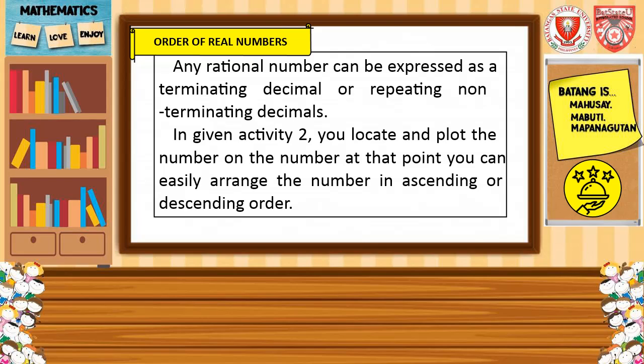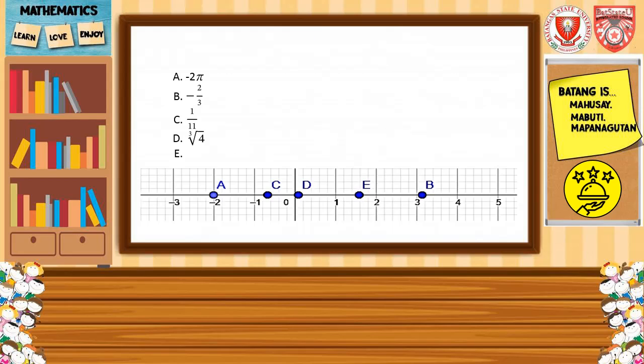Any rational number can be expressed as a terminating decimal or repeating non-terminating decimal. In the given Activity 2, you located and plotted the numbers on the number line. At that point, you can easily arrange the numbers in ascending or descending order.